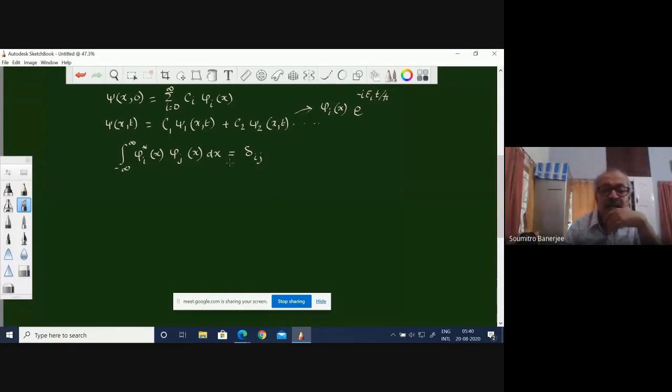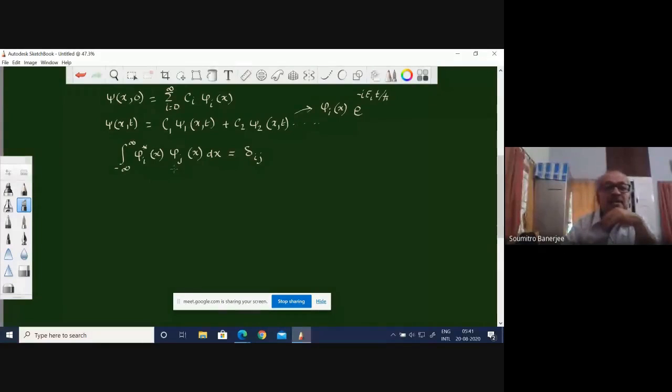This implies that these energy eigenfunctions are orthonormal to each other. This is something that you have learned. And since any given wave function can be decomposed in terms of these energy eigenfunctions, these form a complete set. There are infinity of them, and they form a complete set in the sense that any wave function can be decomposed in their terms, right?